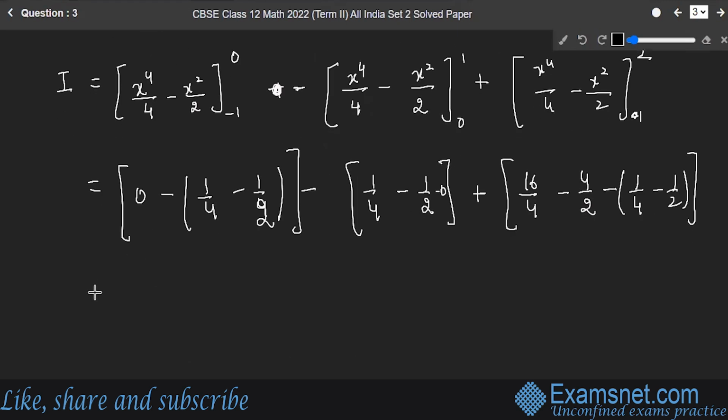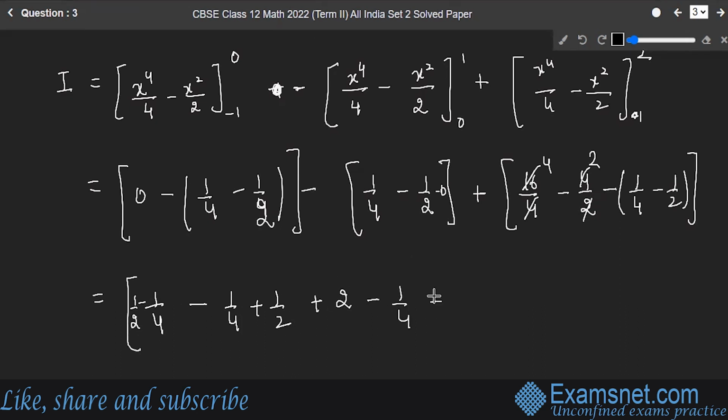Correct? So this is equal to 1 by 2 minus 1 by 4 minus 1 by 4 plus 1 by 2. This is 4, this is 2. That's 2 minus 1 by 4 plus 1 by 2.